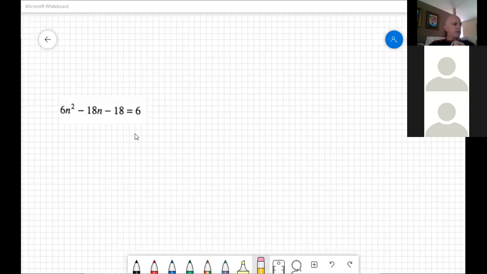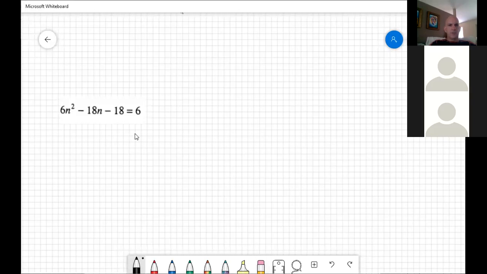let me share this screen with you real quick so I can show you what I'm doing. Because they're all divisible by 6 initially, you could just divide it all by 6 first, or move that 6 over and then divide by 6. So either way works. I would say move it over first, because just getting it equal to 0 first is usually the easiest thing.